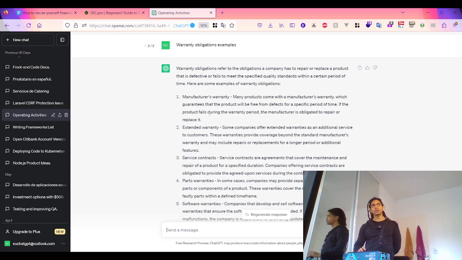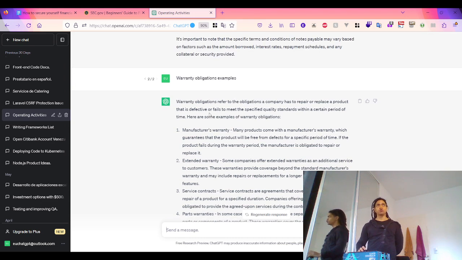Okay. So with all of these examples of the most common operating assets and liabilities, now I understand how the cash flow actually works, or the first part of the cash flow, the operating activities.